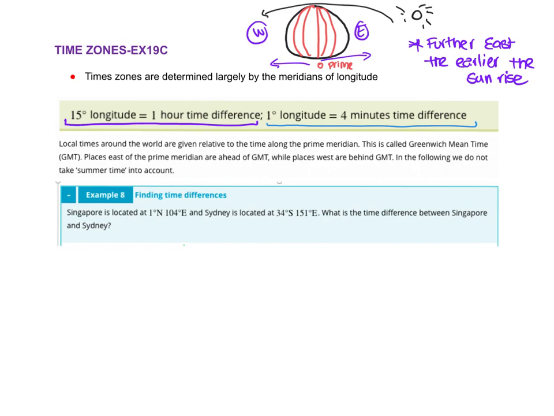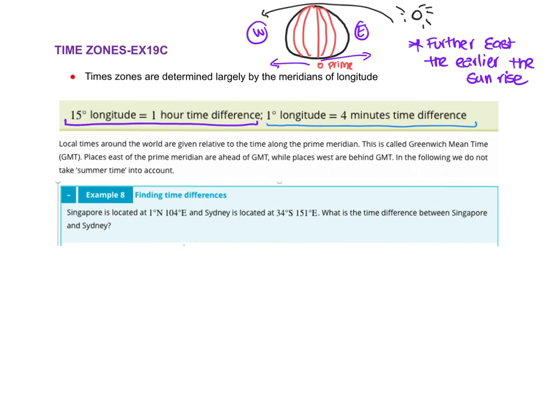So local times around the world are given relative to the time along the prime meridian, which is 0, the Greenwich Mean Time. Places are either east of that, and they're ahead of GMT, because the further east you are, the sooner you get the sun.